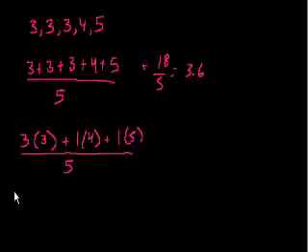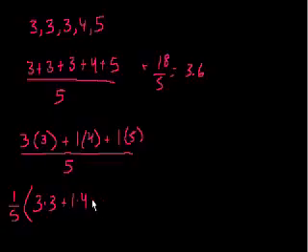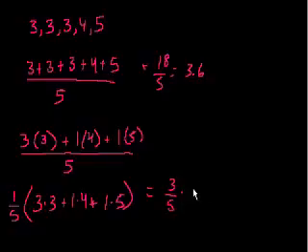This is the same thing as 1/5 times 3 times 3 plus 1 times 4 plus 1 times 5. And then if we distribute this 1/5, this is equal to 3/5 times 3 plus 1/5 times 4 plus 1/5 times 5.